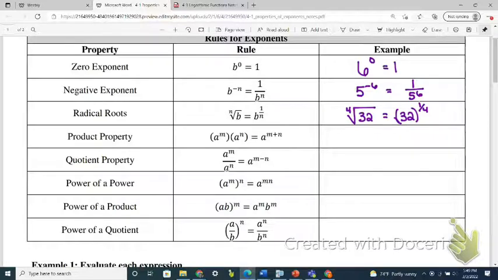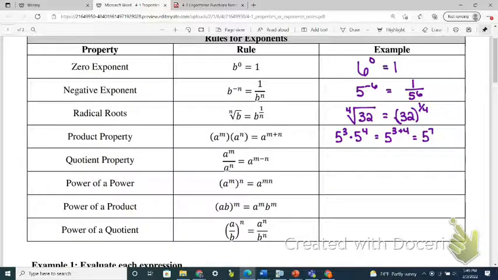The product property, so when I multiply numbers that have the same base, I'm going to add their exponents. So 5 to the 3rd times 5 to the 4th. So I'm going to take 5 to the 3 plus 4, which is 5 to the 7th.